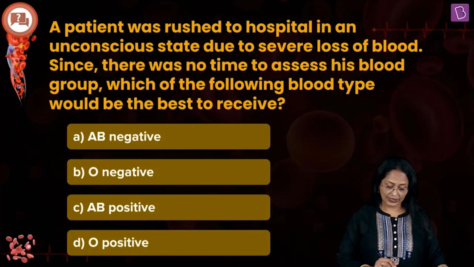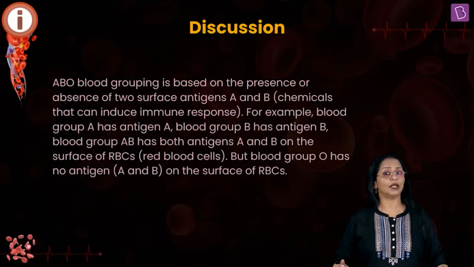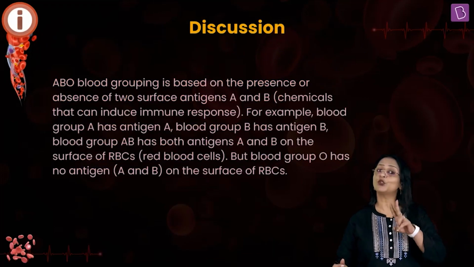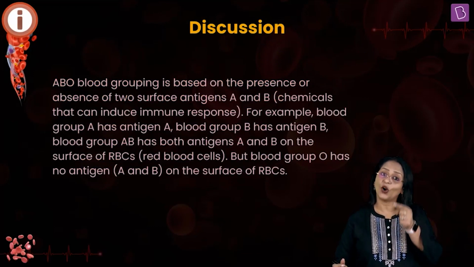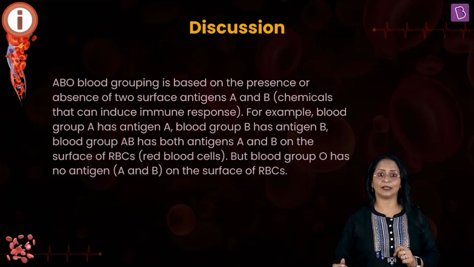So children, we know that the ABO blood grouping is based on the presence or absence of two very important antigens on the surface of the red blood cells.